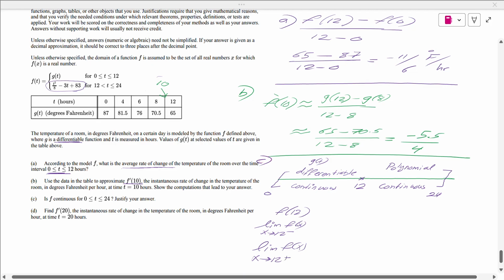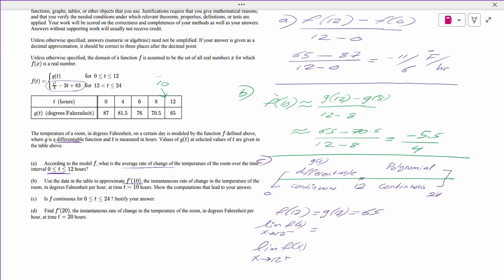For this question, we know that f of 12 is the same as g of 12, which will be 65.